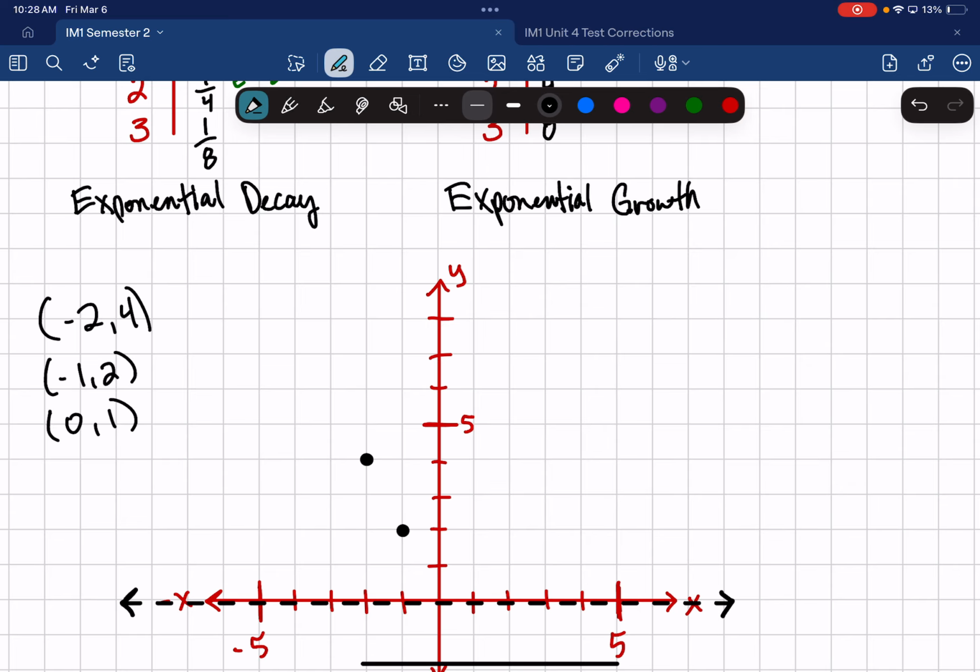Over 0, up 1. 1, 1/2. 2, 1/4. And eventually 3, 1/8.